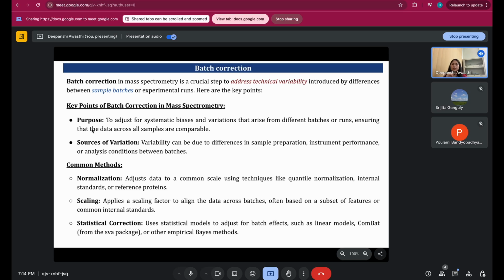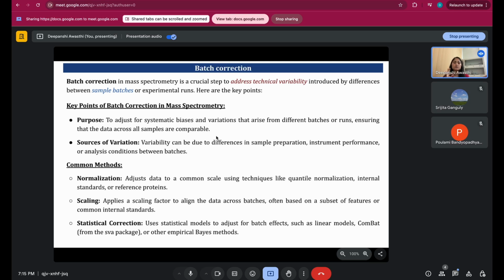Now there are some key points you must know. What is the purpose of batch correction? It is important to adjust for the systematic biases and variations arising from different batches or runs, ensuring that data across all samples are comparable. For example, in the first month you performed some experiments, then you went on leave, and after 3 months you performed another set of experiments, and now you compare the first month's experiments with those of the 4th or 5th month.